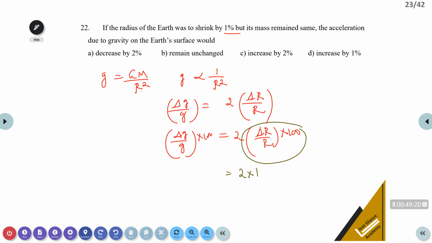So 2 into 1%, delta g by g changes by 2%. Here also 2% is there. g and R are inversely related, so if R decreases, g will increase. So it increases by 2%.